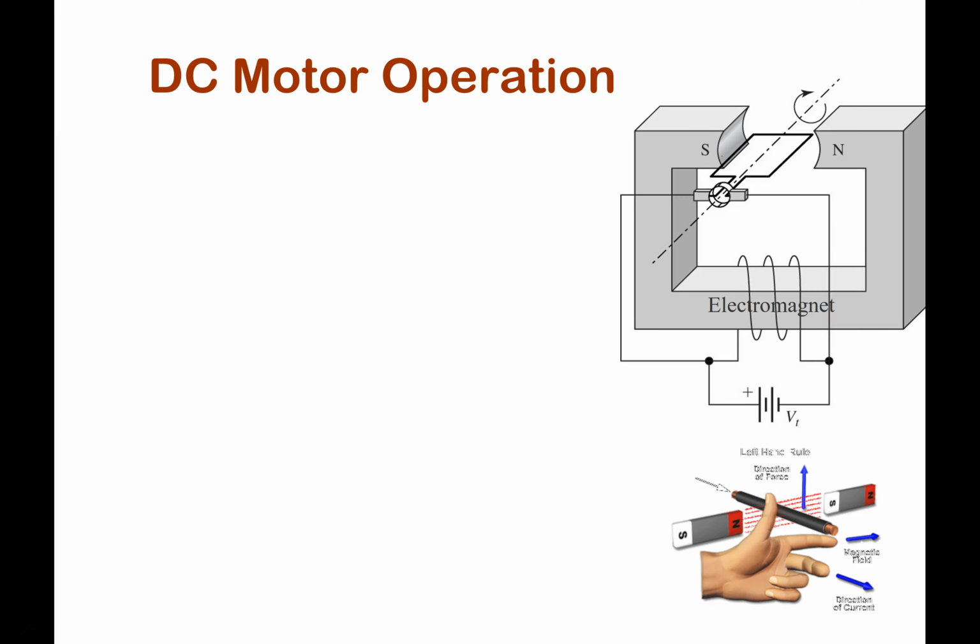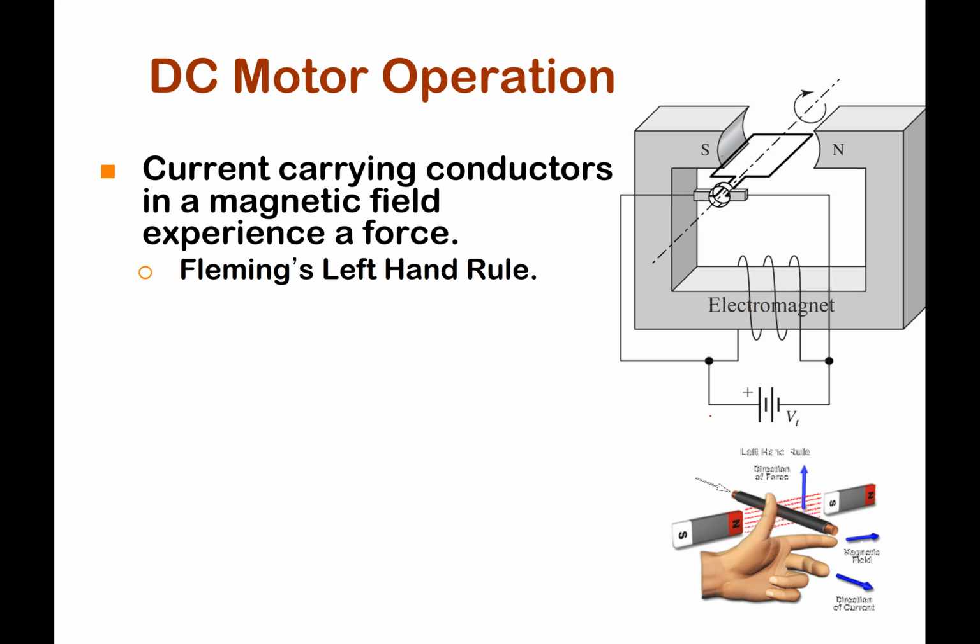As we can see, we have our source here, and the current goes up into the windings and then comes back. We have a magnetic field with a current carrying conductor in it.